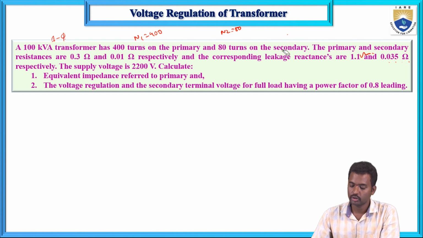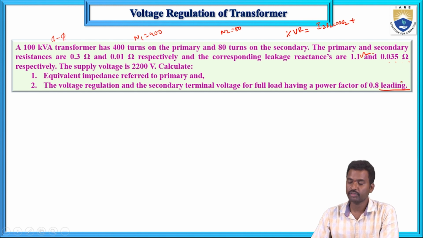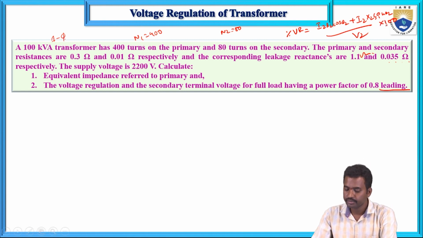I am writing the voltage regulation formula here: percentage voltage regulation equals I2 R2 cos phi 2 plus or minus I2 X2 sin phi 2, divided by V2, into 100. Plus for lagging and minus for leading. Here minus is not required, as it is only a lagging power factor.